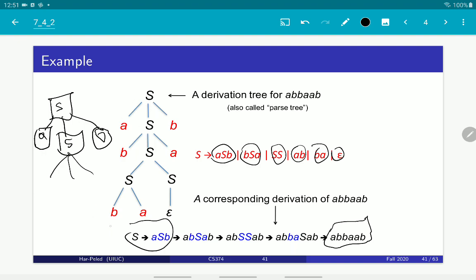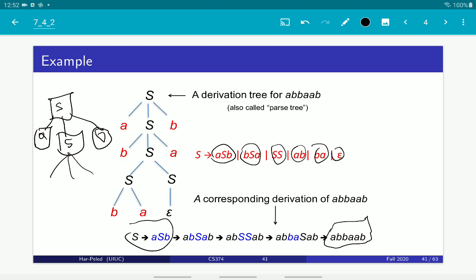So what we get is this tree where every internal node is a variable, all the leaves are terminals, and the string computed is just the leaves of the tree from left to right. This gives you the parse tree of the word.